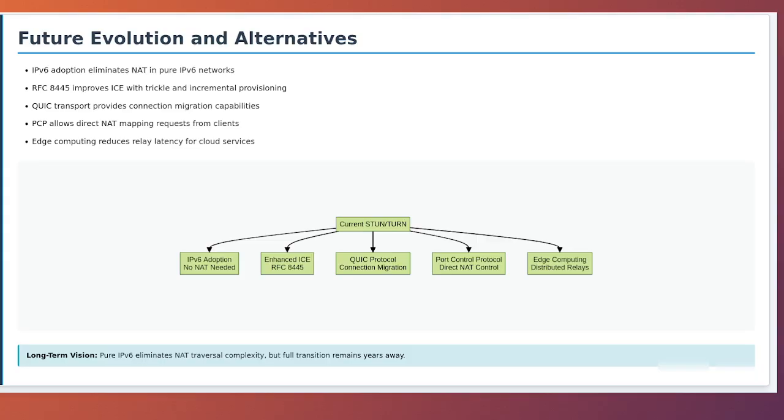Looking forward, we might see application layer techniques become more sophisticated. Machine learning could potentially predict network topology and NAT behavior based on historical patterns, allowing applications to more quickly determine the likely best connectivity approach without exhaustively testing all candidates.